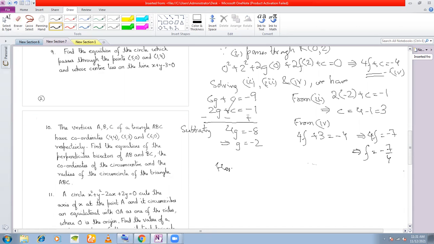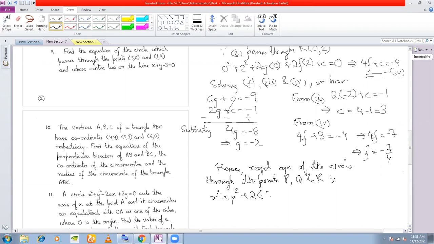Hence the required equation of the circle through the points P, Q, and R is x square plus y square plus 2gx plus 2fy plus c is equal to 0.